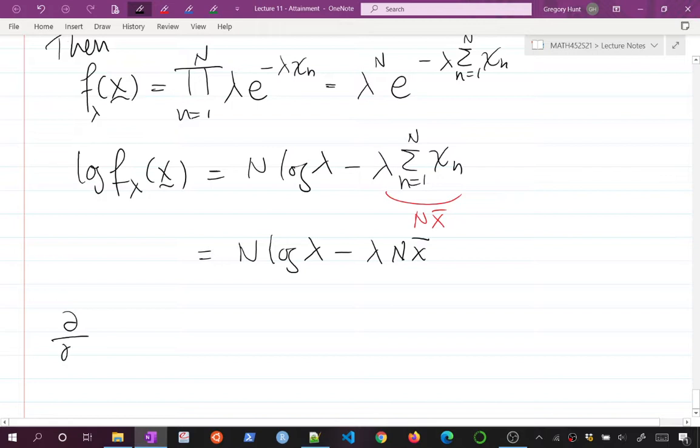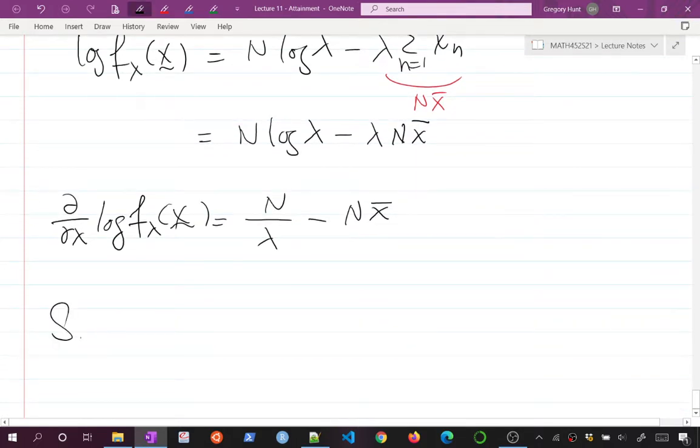And d lambda of log of my joint is derivative of log lambda, n over lambda, and this just becomes n x bar, right?